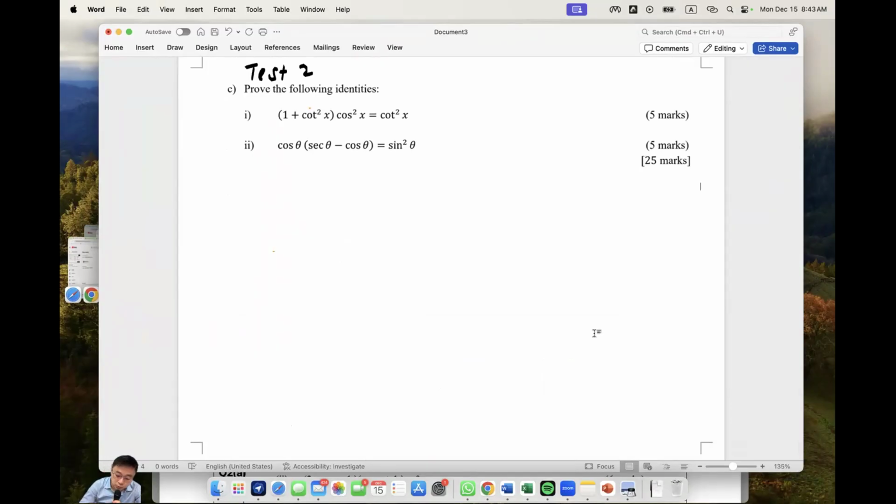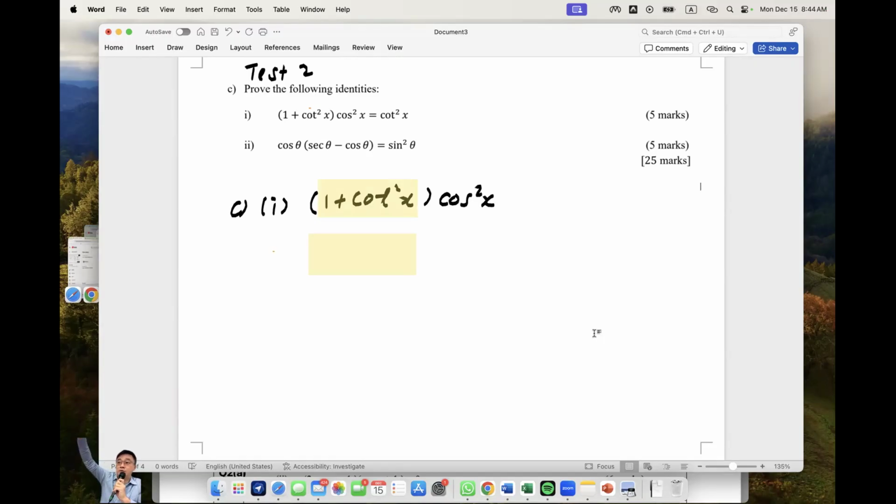Okay, for test 2, if you go to check, as I said, I don't think many students do this. Anyone can change the 1 plus cotangent square into 1? How many do this direct conversion? Raise the right hand. How many? Into 1.